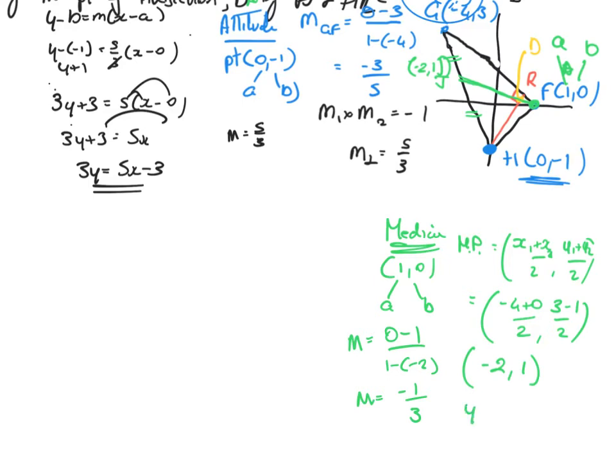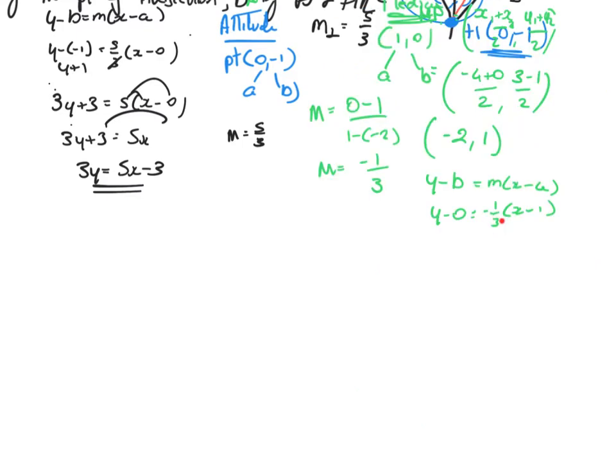Okay, so now into y minus b equals m bracket x minus a. Now there's two points that lie on the line that I can use, this one or this one. I've already decided to go with this one. You can go with this one, it's not a problem. But I've already decided to call this one AB, so that's what I'm going to go for. Okay, so it's going to be y minus 0 equals the gradient -1/3 bracket x minus a, which is 1.